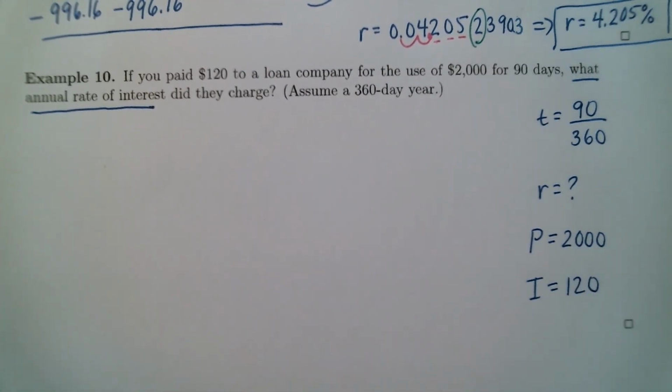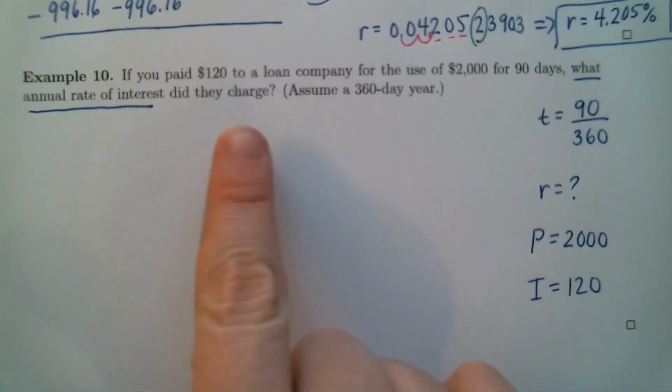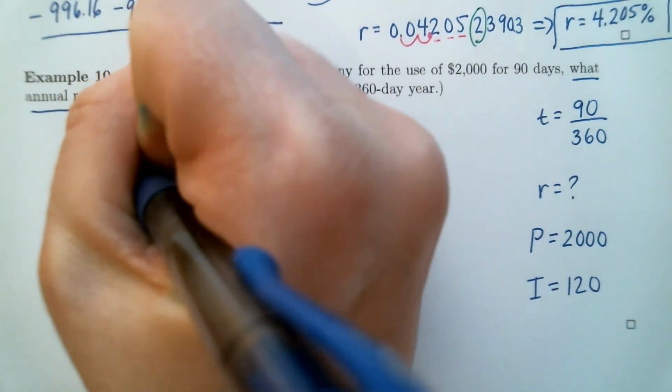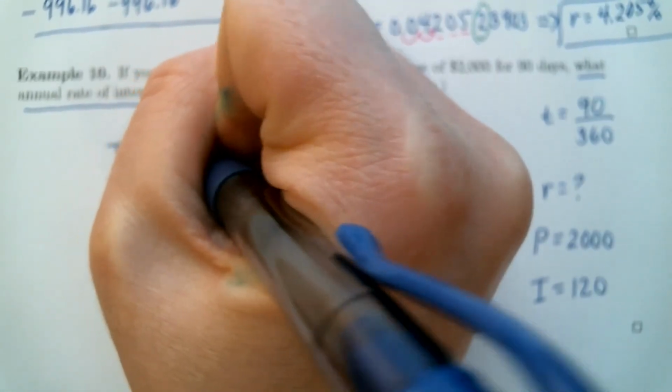Remember, interest is the amount of money that you're charged for the use of someone else's money. So that is implied in that statement right here. So $120 is the interest here. Since you know information about the interest itself, it is preferable to use I equals PRT here.